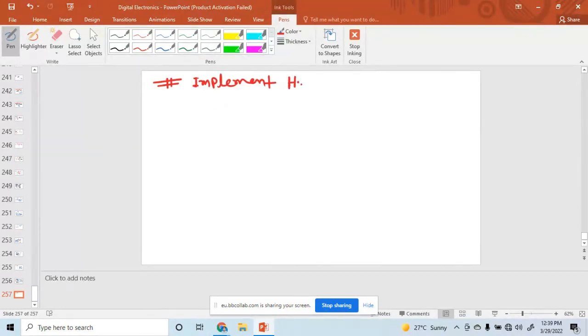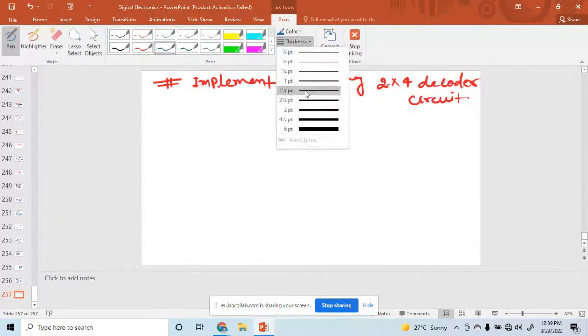Implement half adder using 2 to 4 decoder. So using a 2 to 4 decoder, you can design a half adder circuit. So how to design this one?